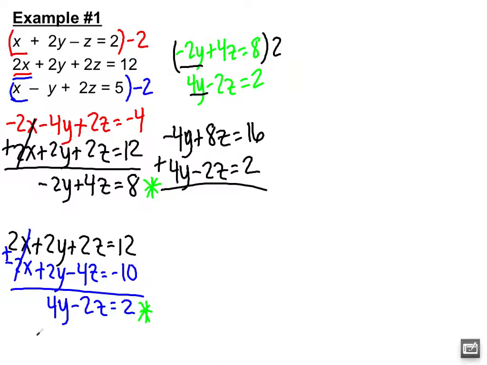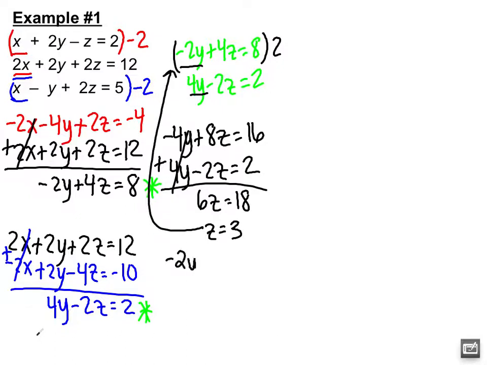Now when I add, my y's are eliminated, and I have 6z is equal to 18, which means z is equal to 3. I'm going to substitute this back into this first equation to find y. So I have -2y, add 4 multiplied by 3 is equal to 8. So -2y is equal to -4, so y is equal to 2.